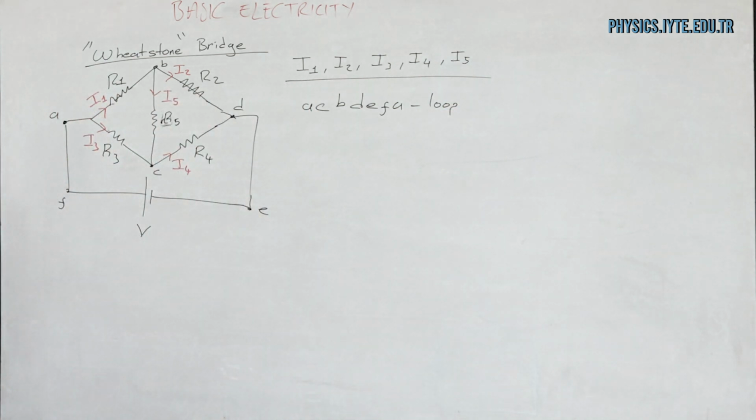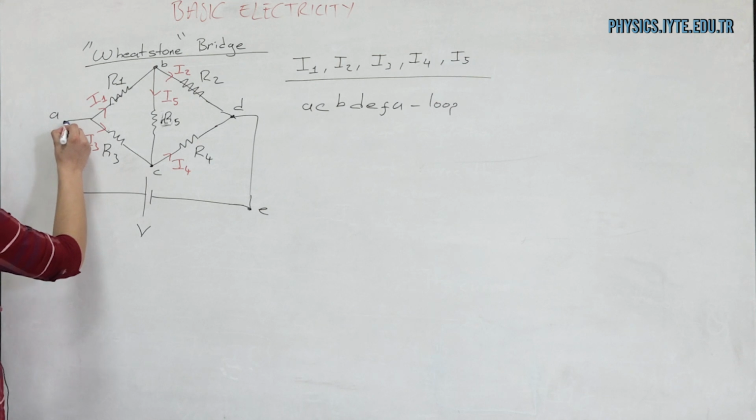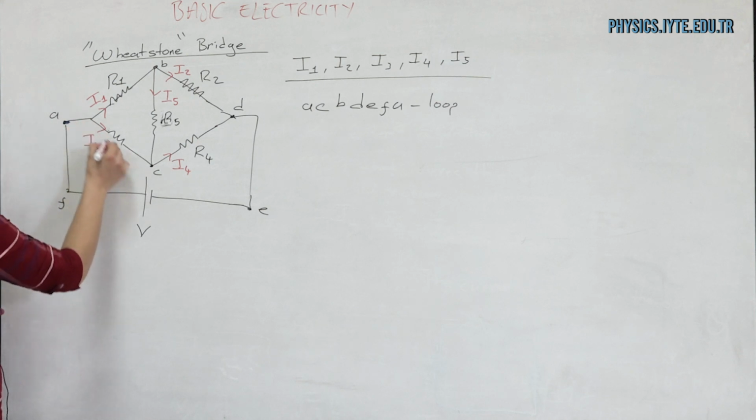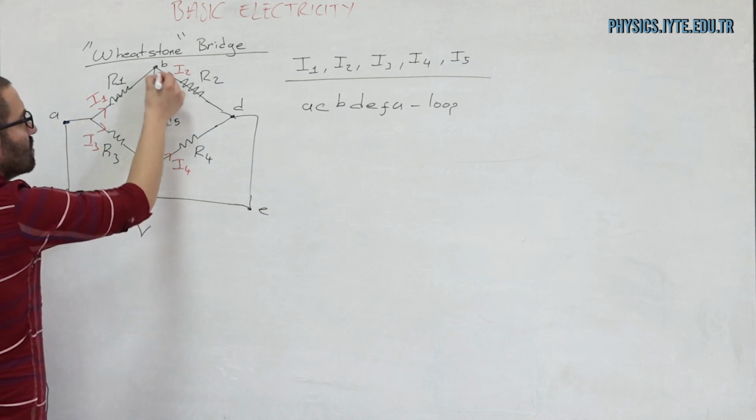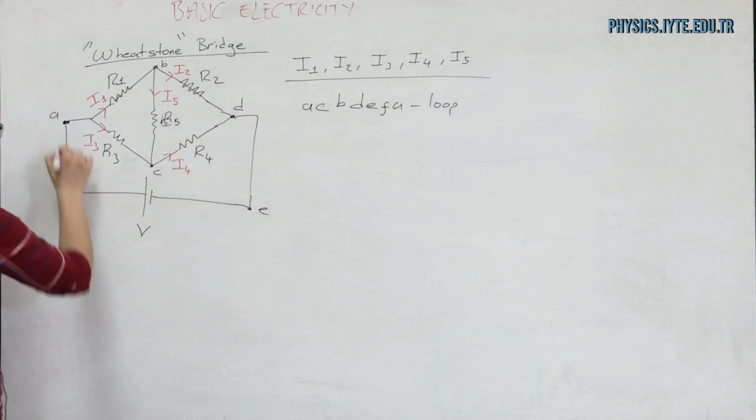What I'm going to do is start from this point, and then move along this branch, follow this route, then go back to where I started.